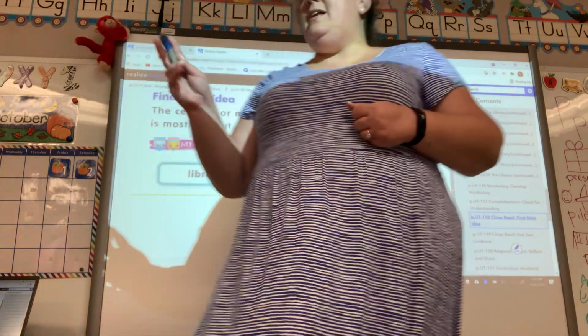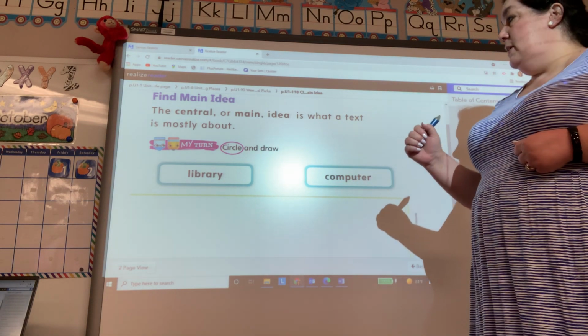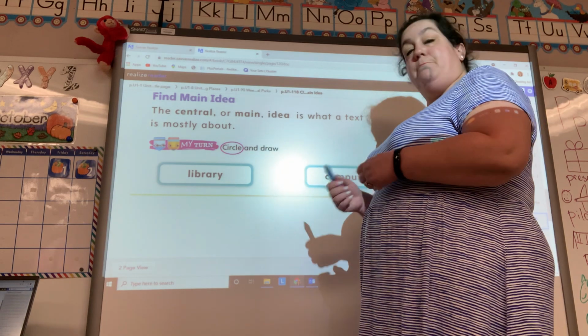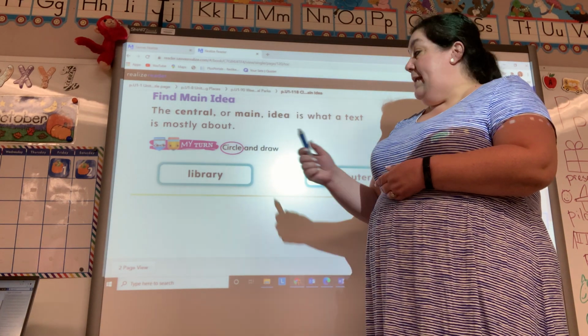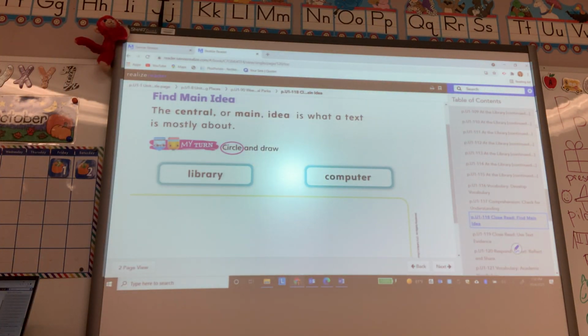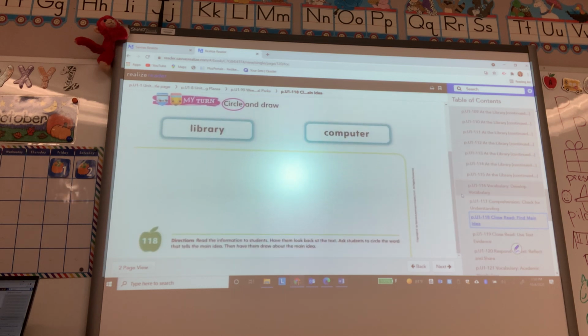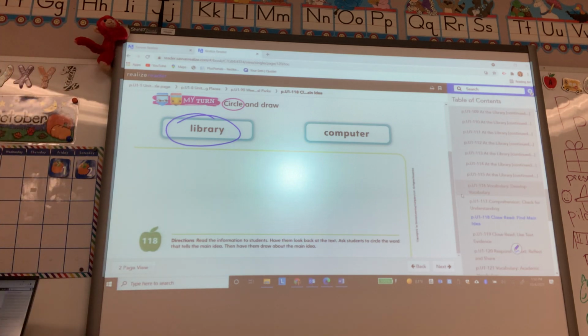So here on page 118, I want you to tell me which one of these was the main idea, library or computer. And when you talk to your grown-up, remember, it's what the story was about. And the story was about the library and how special it was. So the library is our main idea. Now we're going to draw about the main idea.